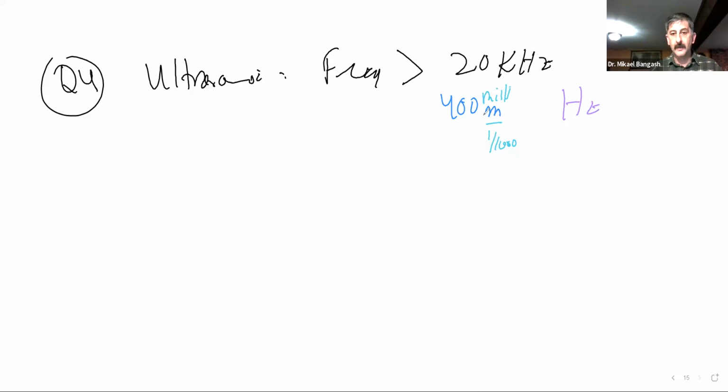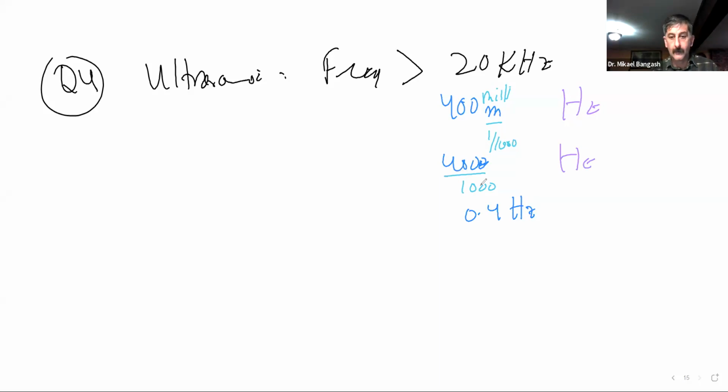So 400 millihertz is going to be 400 divided by 1000 hertz, which ends up as 0.4 hertz.